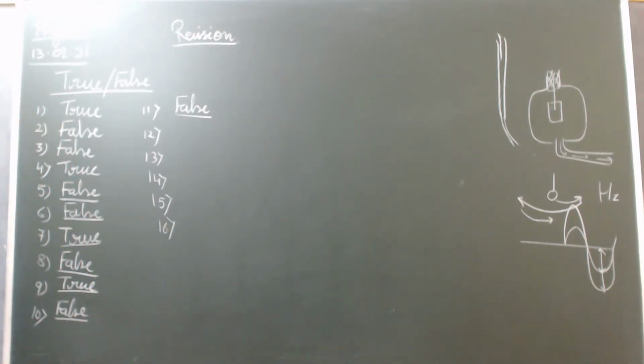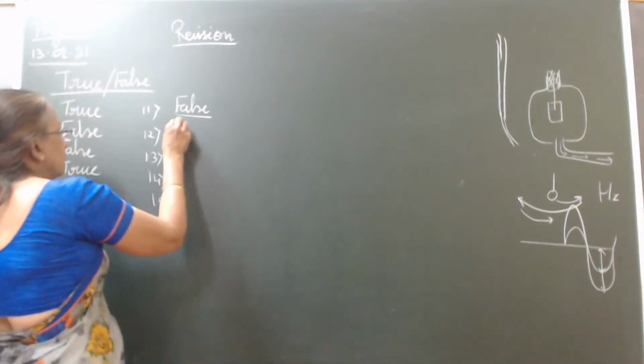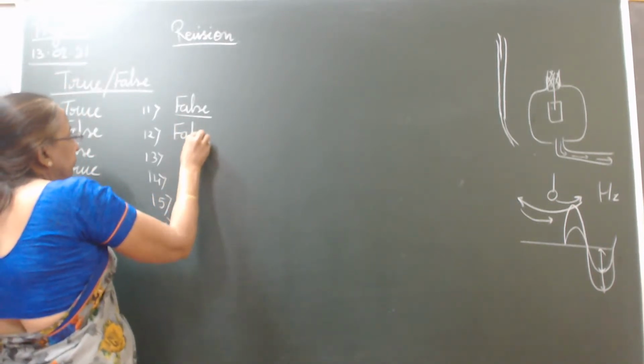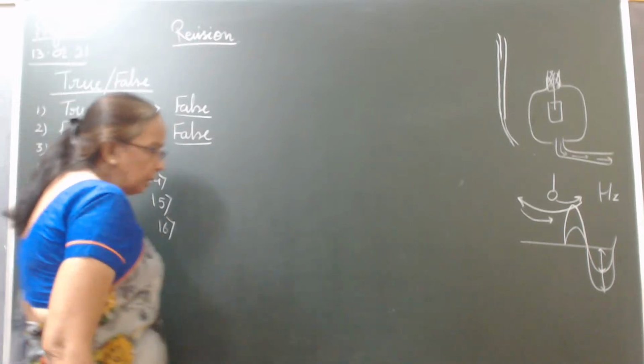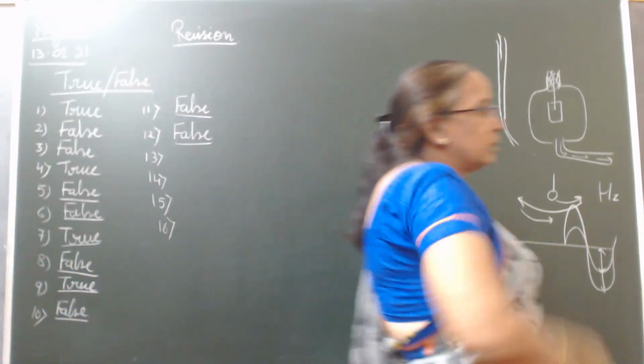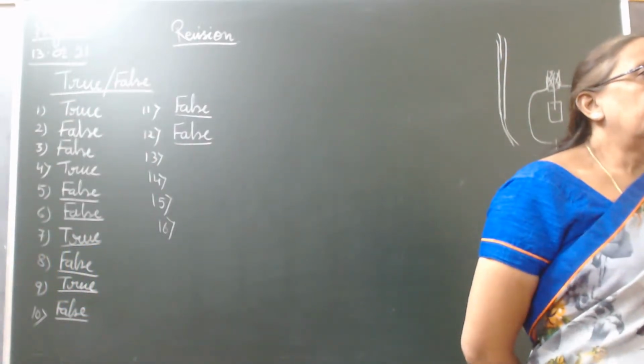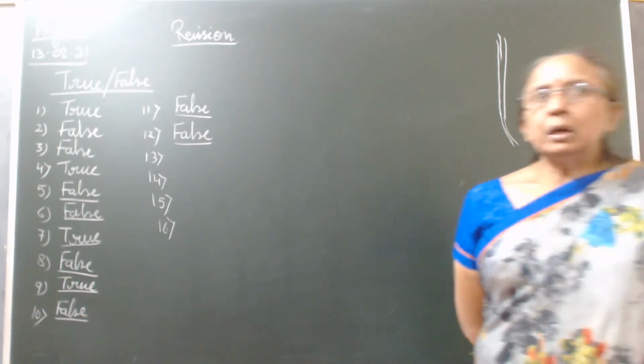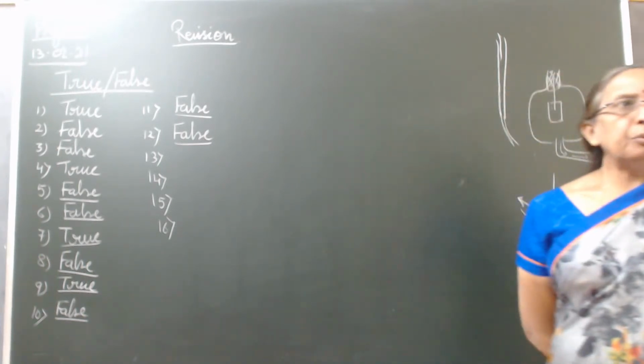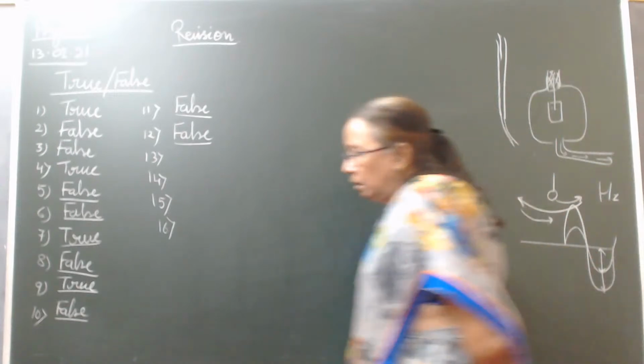First one. Pole star is a member of solar system. It is false. Pole star is a star situated in the sky, but it is not a member of the solar system.